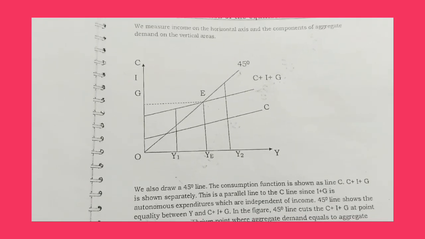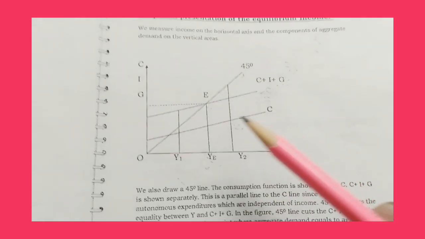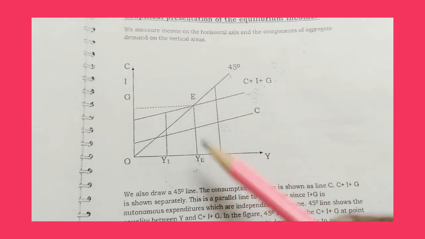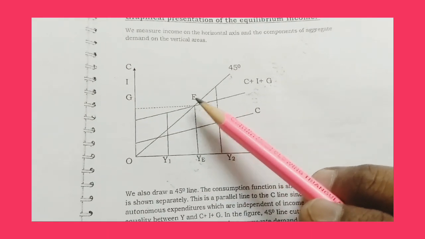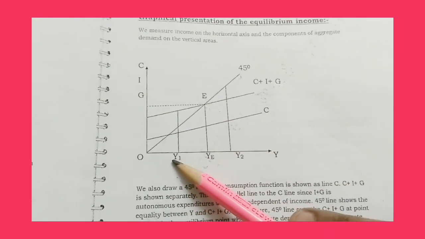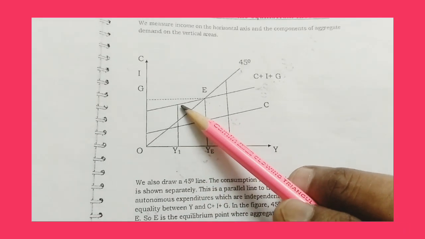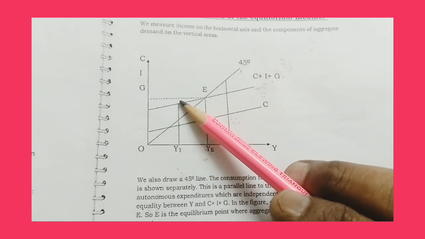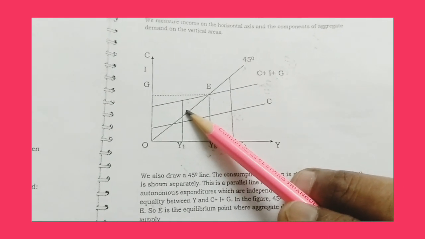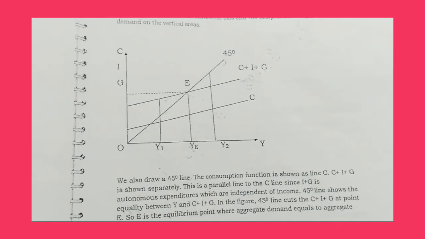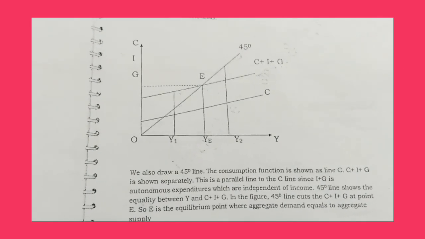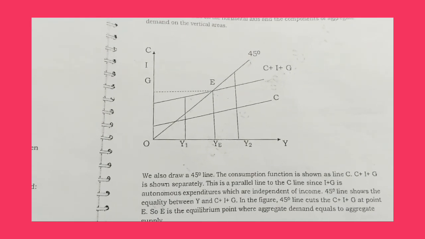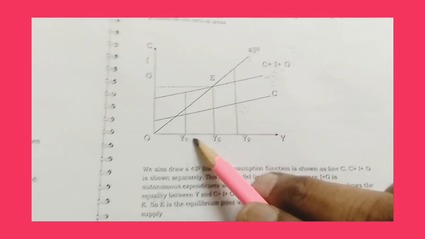At this level of income, aggregate demand equals aggregate supply. At the level of income Y1, look here, the aggregate demand is greater than aggregate supply. This induces the producer to produce more, and this in turn raises the national income.